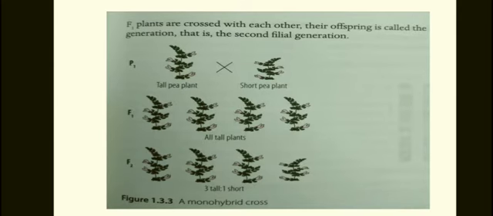So, 2 parents crossed. One is tall, another one is short. Don't forget that Mendel, when he was studying pea plants, found that there were 22 varieties of pea plants. When these varieties self-pollinated, they were found to be true breeding.